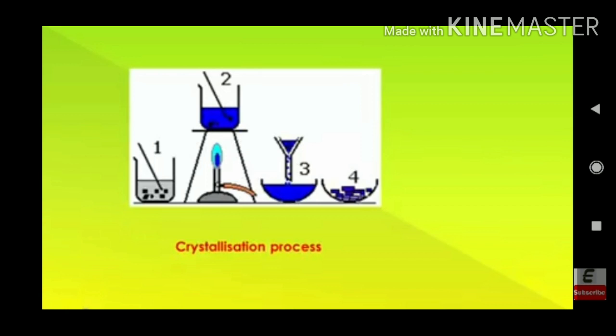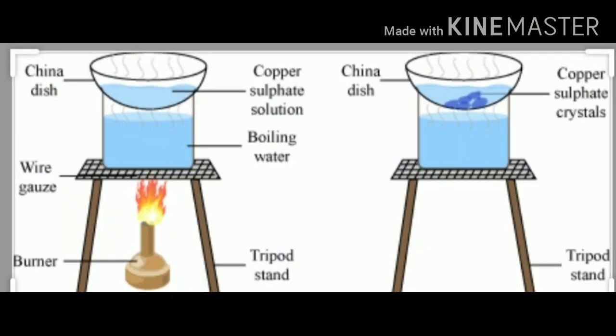Heating should be continued till some of the liquid is left behind, till a saturated solution is obtained. It is not to be heated for a long time, so that only the solid is left behind. It has to be heated in such a way that a saturated solution is obtained.